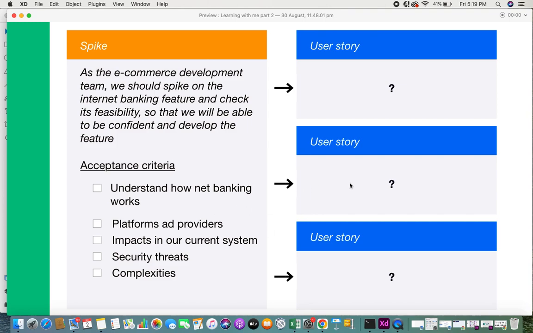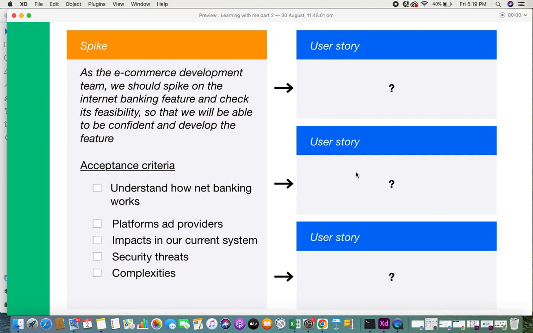But when you look at the associated user stories, it's totally blank, or rather it would be fuzzy, because you won't be able to estimate the user story well, because it depends on this spike. There'll be a lot of things that you would be unsure of, a lot of uncertainties. So the team would actually be estimating spikes better than user stories.